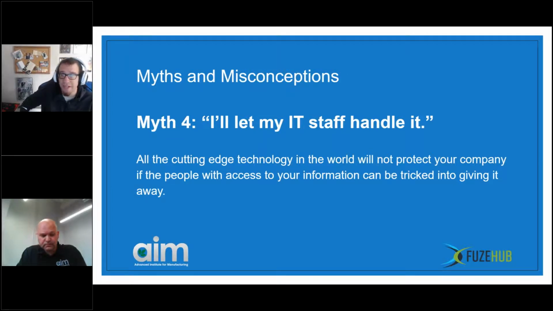And that's, again, where we're looking at making sure you have good policies and your staff are properly trained. Because if these people have access to your information and they can be convinced or tricked into giving it to somebody or downloading a program that they're not supposed to that gains them access to that information, then that is going to be just as big of a vulnerability for your company as having a weak IT infrastructure.